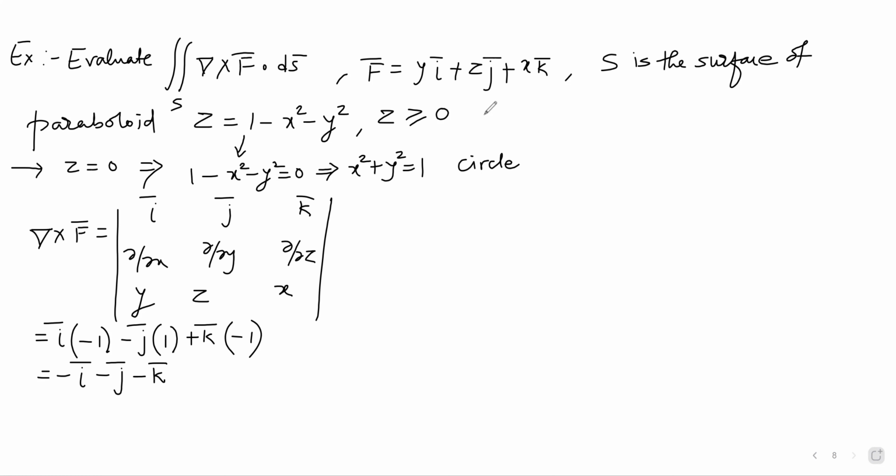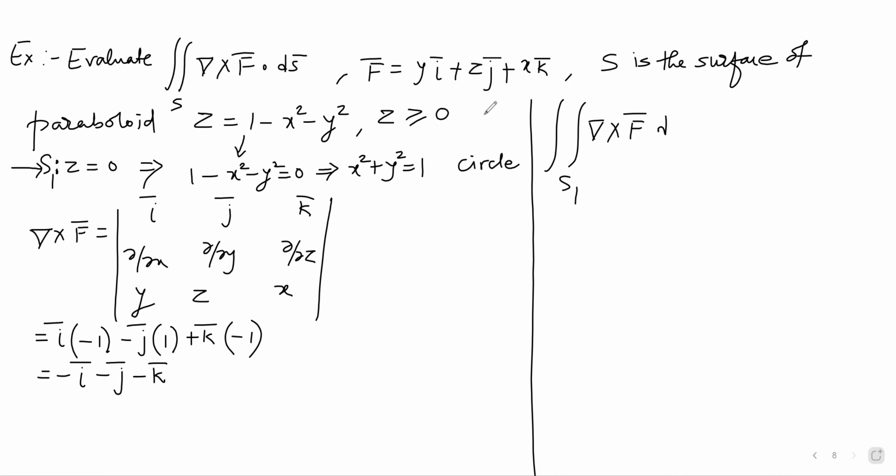I'll call this surface S1. So the double integral over S1 of del cross F bar dot ds bar is nothing but the integral over the surface S1 of minus i bar minus j bar minus k bar dot n cap. Now what is n cap here?